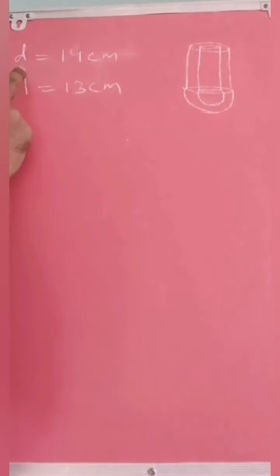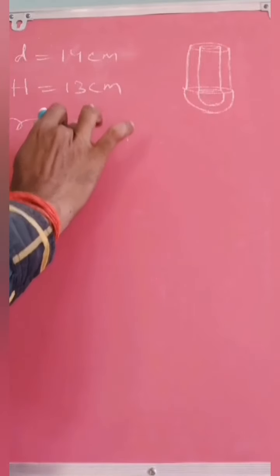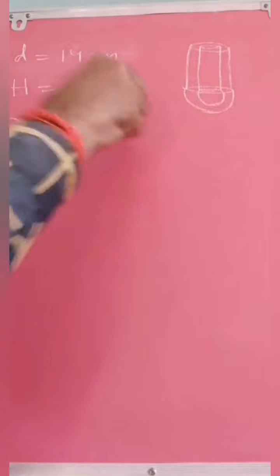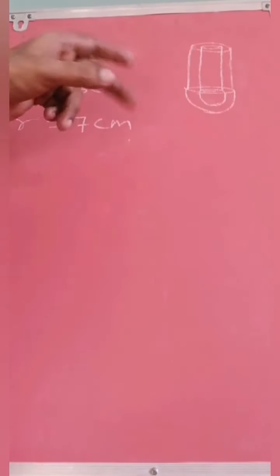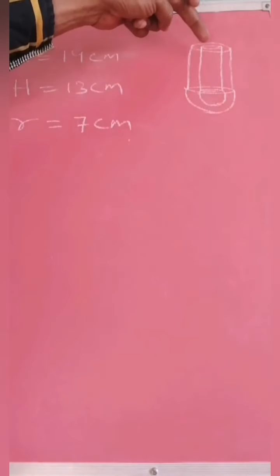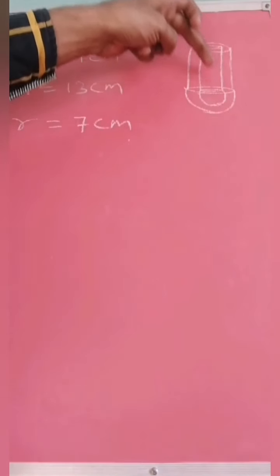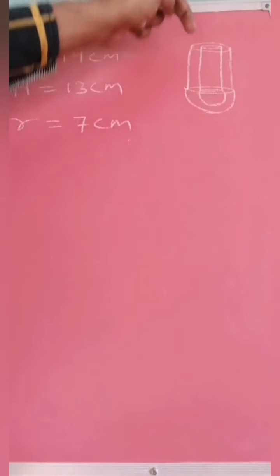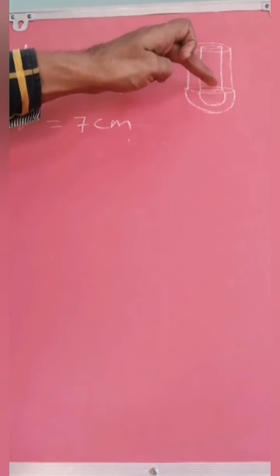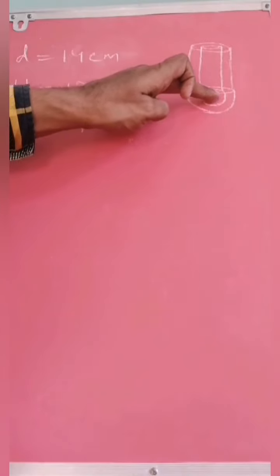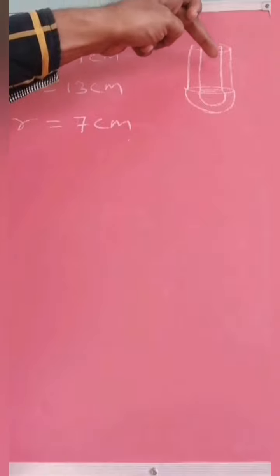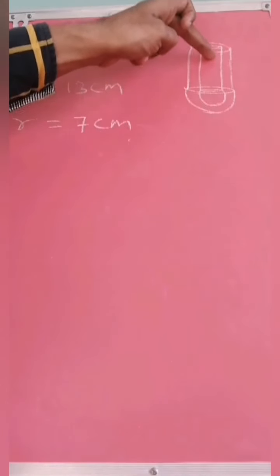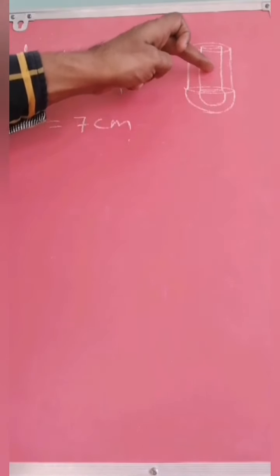As the diameter is 14 cm given, the radius is equal to 14 by 2, that is 7 cm. And you have to find the inner curved surface of the container. It is a container. In this container, the inner surface means inside you are getting a curved surface of the hemisphere as well as the curved surface of the cylindrical part. That surface area you have to find.